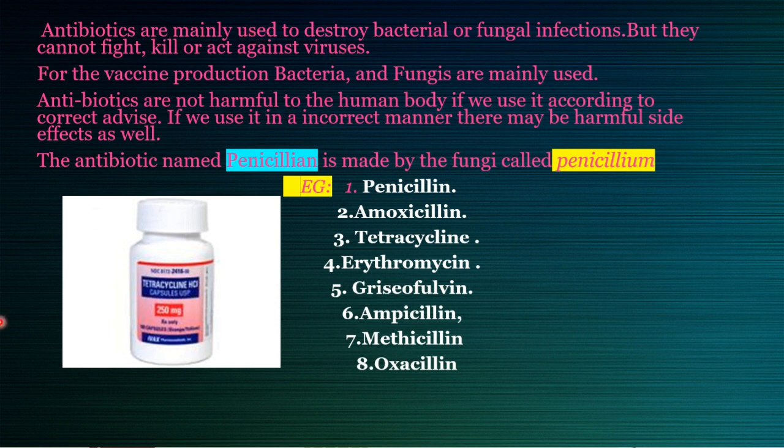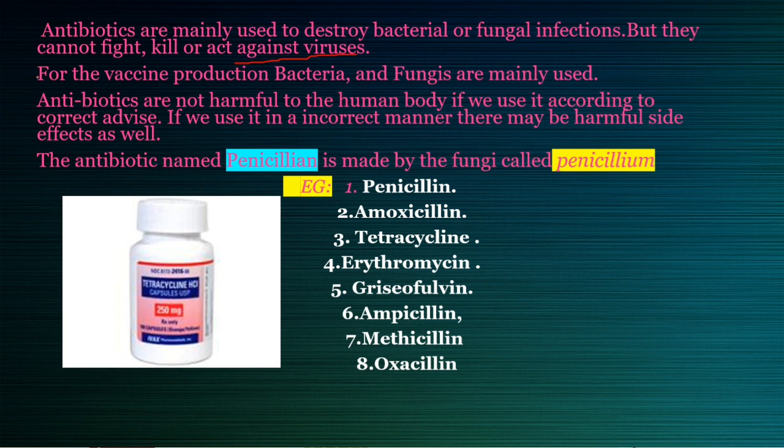Antibiotics are mainly used to destroy bacterial or fungal infections, but they cannot fight, kill, or act against viruses. This is a main point that you should remember when talking about antibiotics. Any antibiotic can't kill or act against viruses.